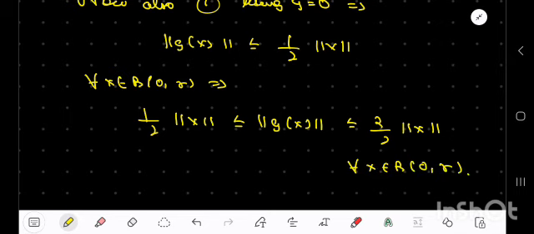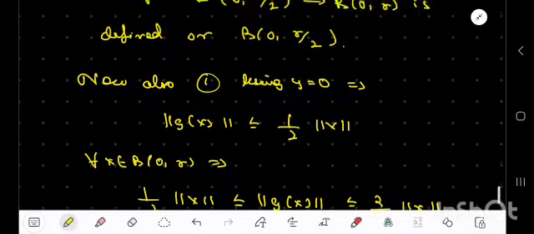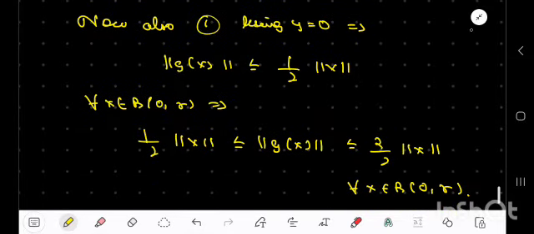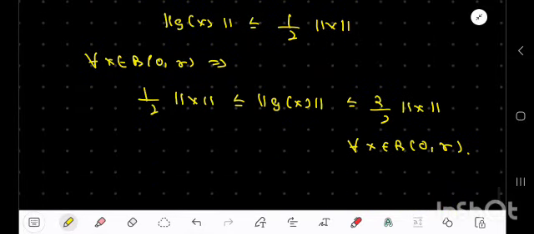So we have this bound using the triangle inequality and the fact that the norm of g(x) is less than or equal to half the norm of x.